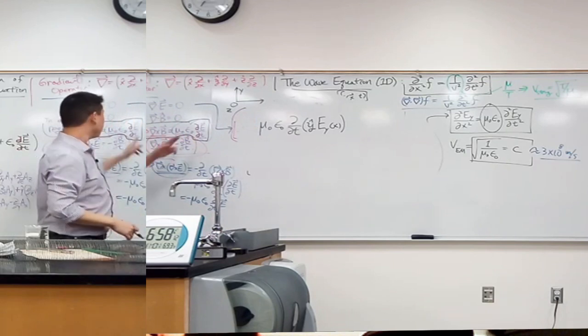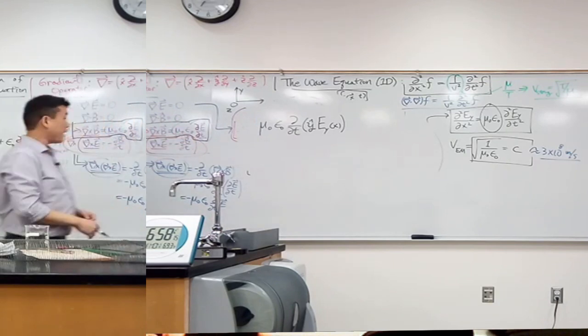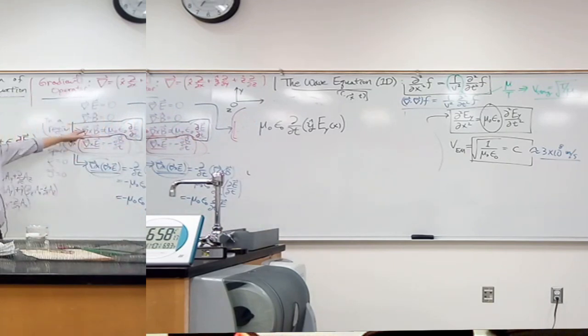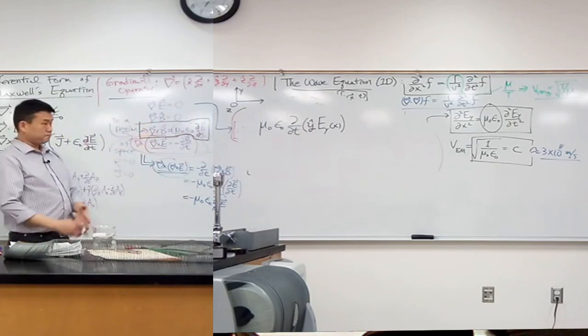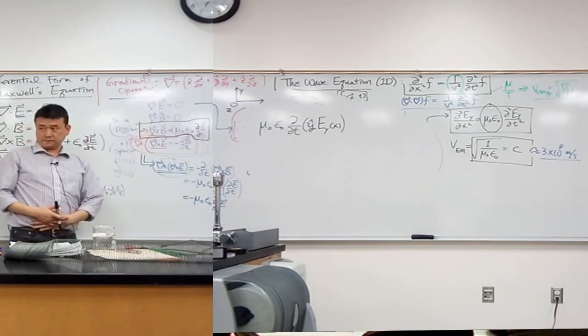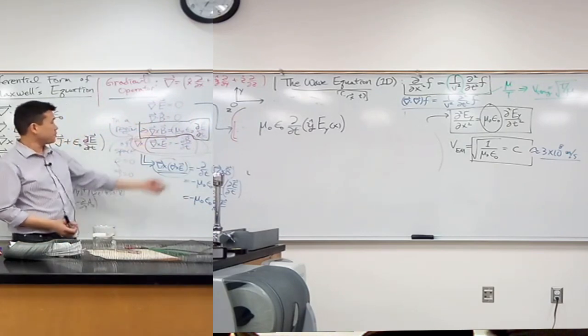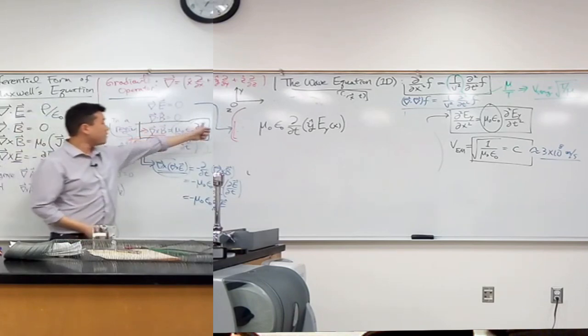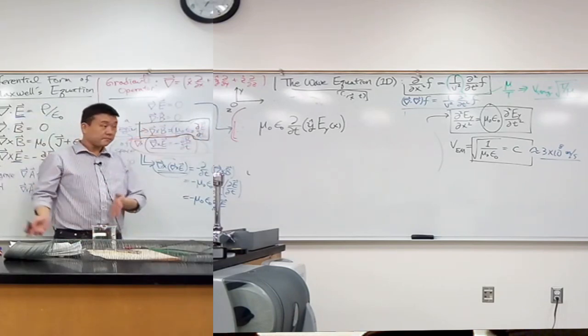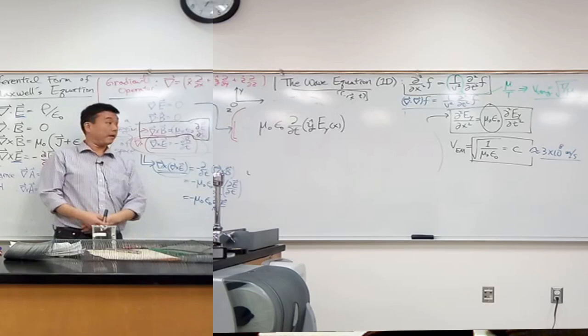That's the right-hand side here. And what I want to do is expand out the left-hand side so that you can say something about the relationship between magnetic field and electric field in the electromagnetic wave.